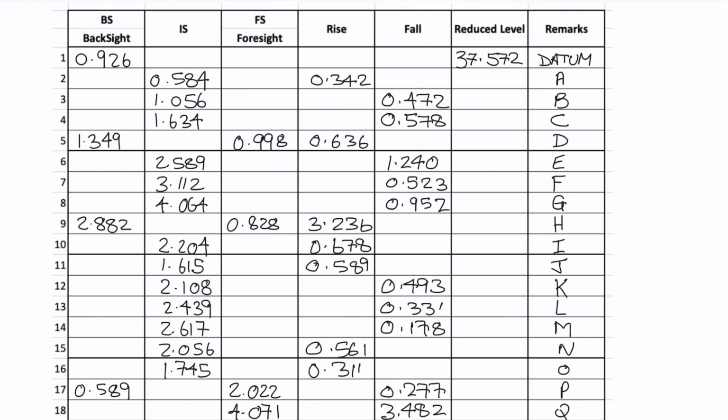The last column to complete is our reduced level column, and we take our first reduced level and look on the next row whether we have a rise or fall value, and to our current reduced level, if we have a rise value we would add it on, or conversely if we have a fall value we would subtract it.